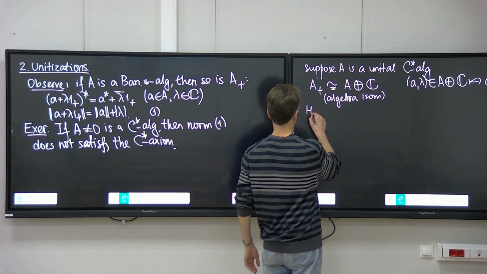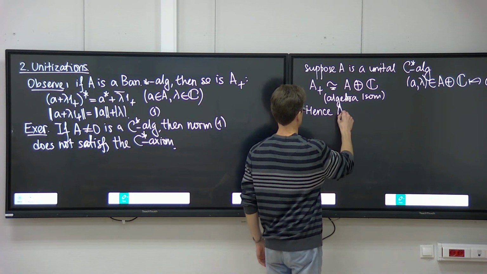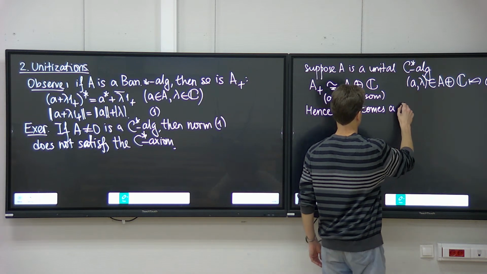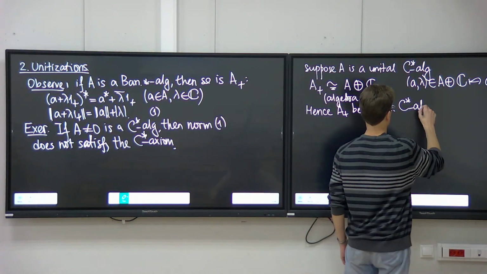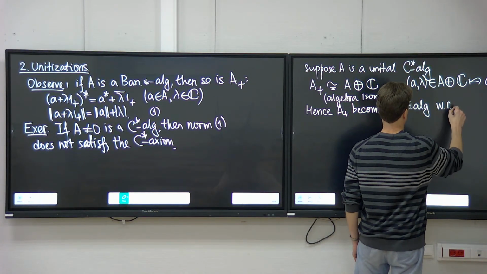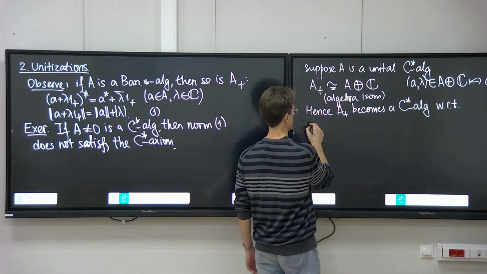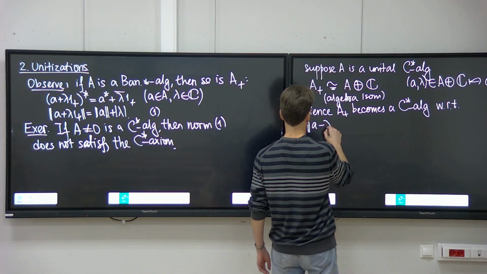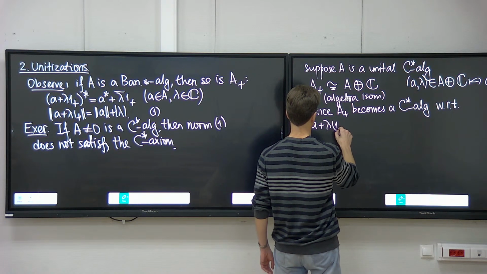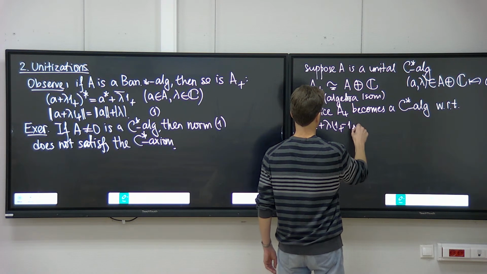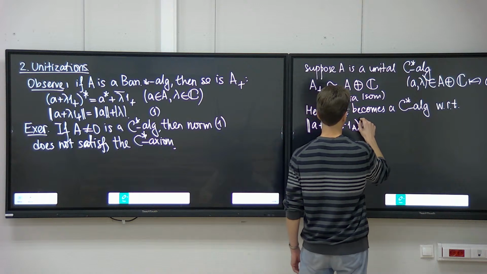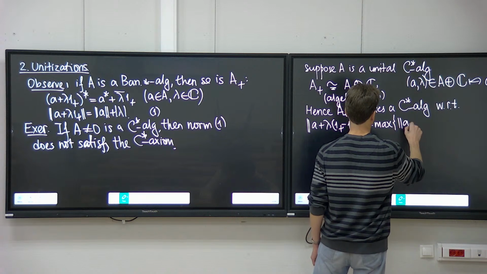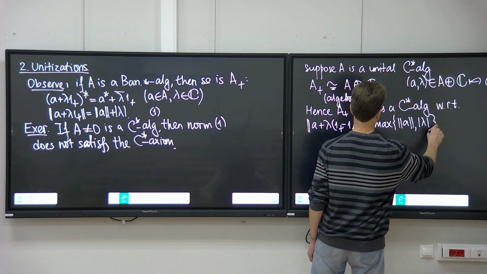And so we deduce that A plus becomes a C-star algebra with respect to the following norm: the norm of a plus lambda times the difference of two identities is the maximum of the norm of a and the absolute value of lambda.